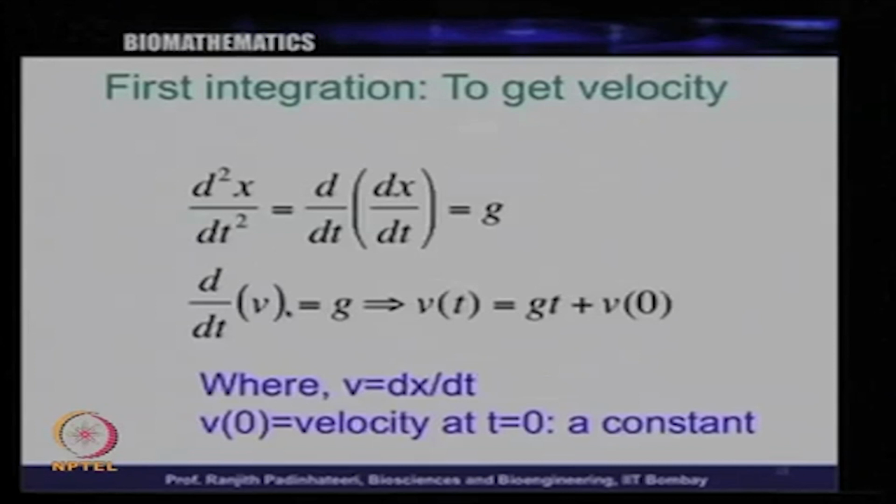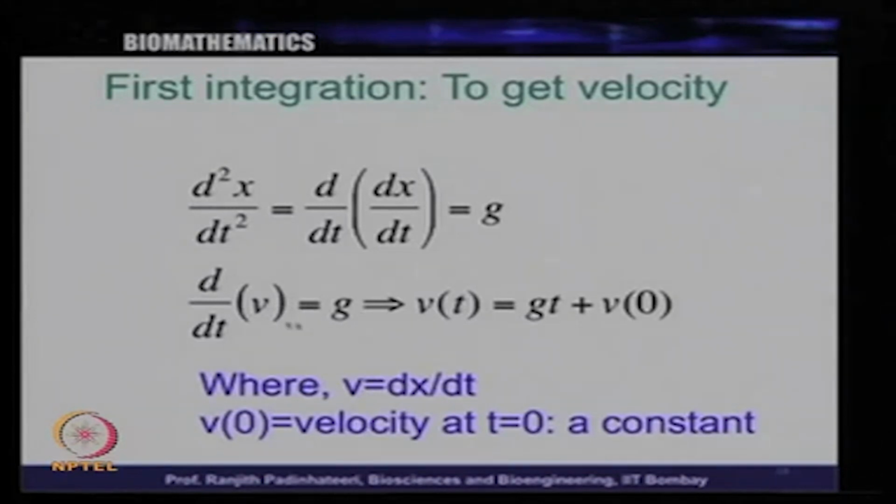So, let us have a look at the next slide. This slide says d square x by dt square can be written as d by dt of dx by dt, as we saw, and this is equal to g. Now, dx by dt, as we said, is change in position by change in time, nothing but velocity v. So, v is dx by dt, and dv by dt is equal to g.